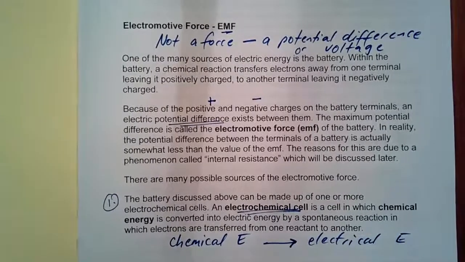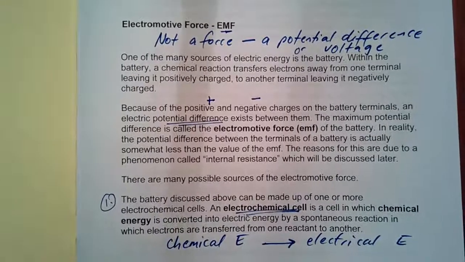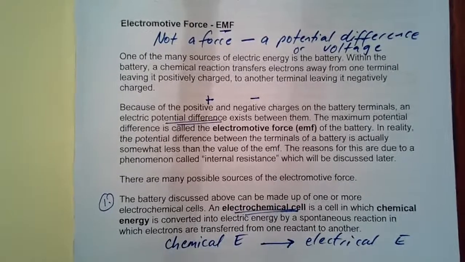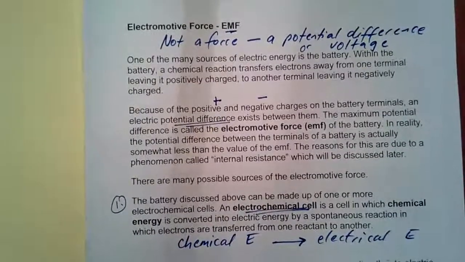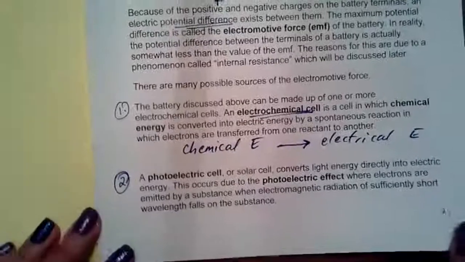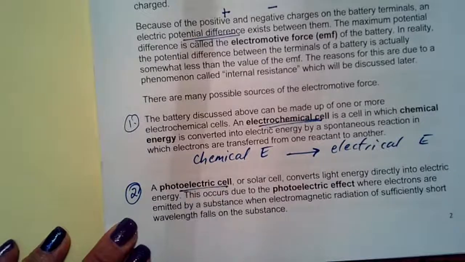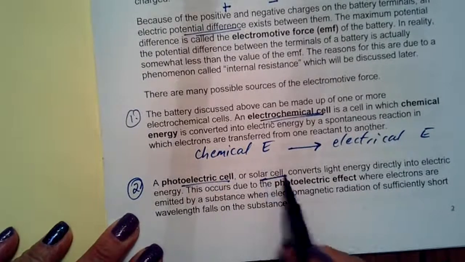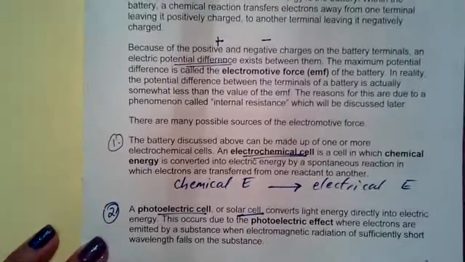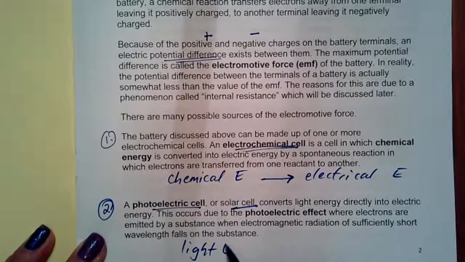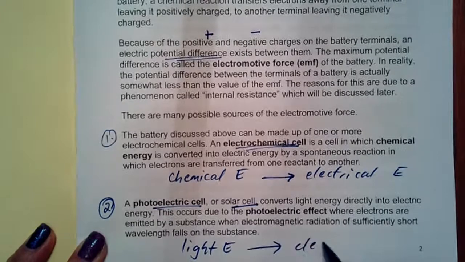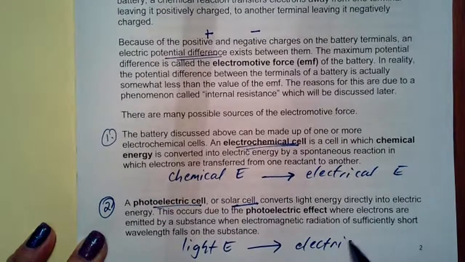There are many different ways that we can get a voltage or electrochemical potential. We also can get voltage from a photoelectric cell. We all know this as the solar cell or solar panel, and it converts light energy into electrical energy.